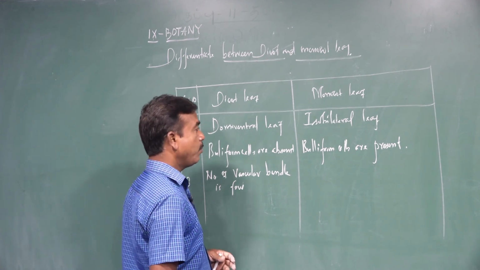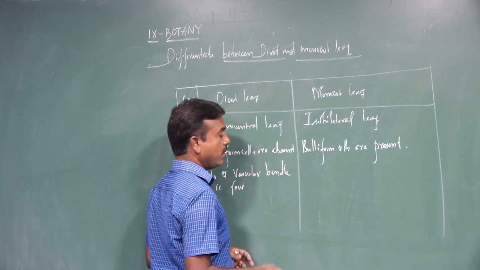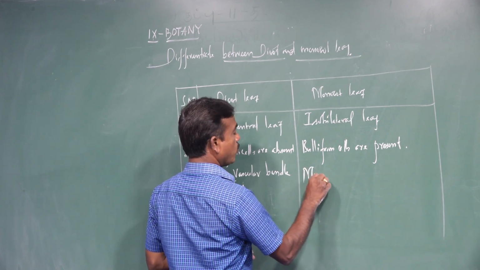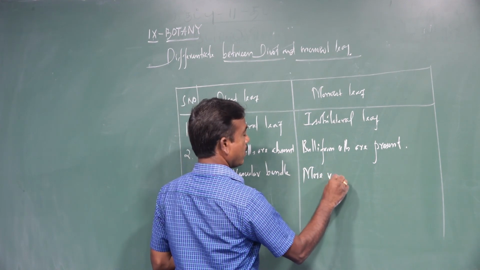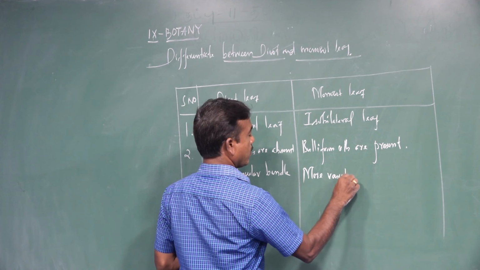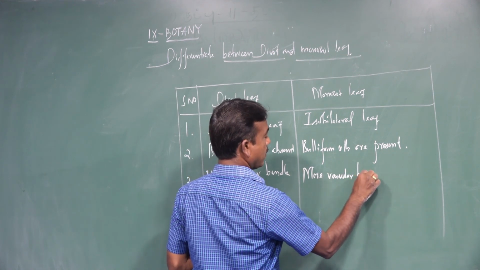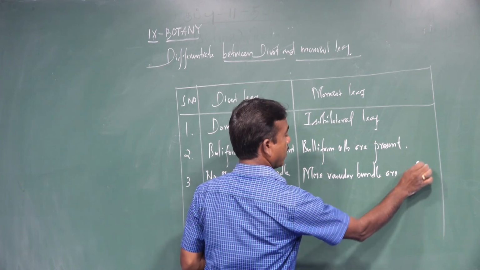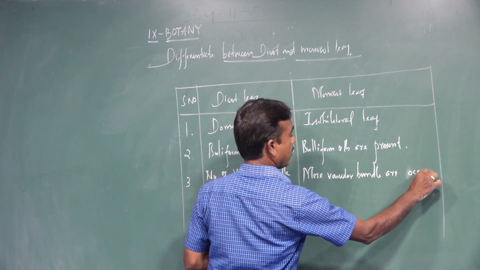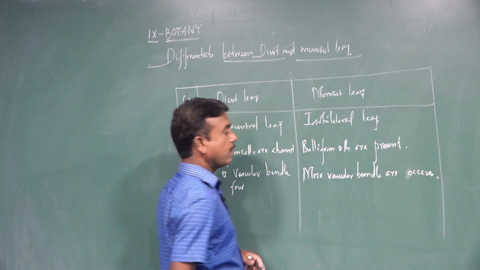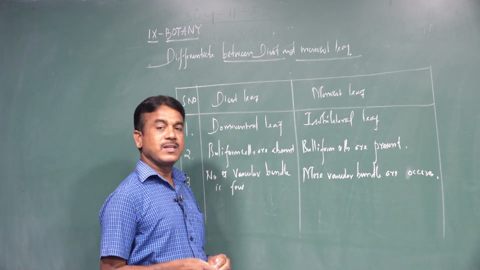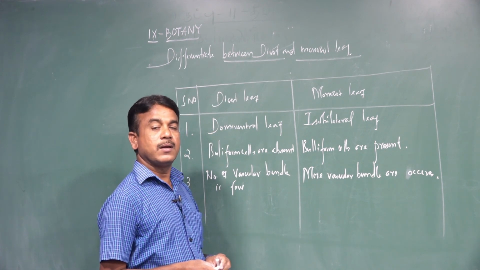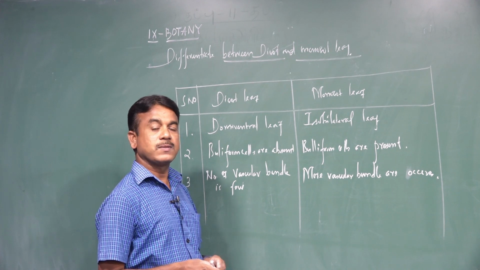But in monocot leaves, more vascular bundles occur. These are the differences between dicot leaf and monocot leaves.